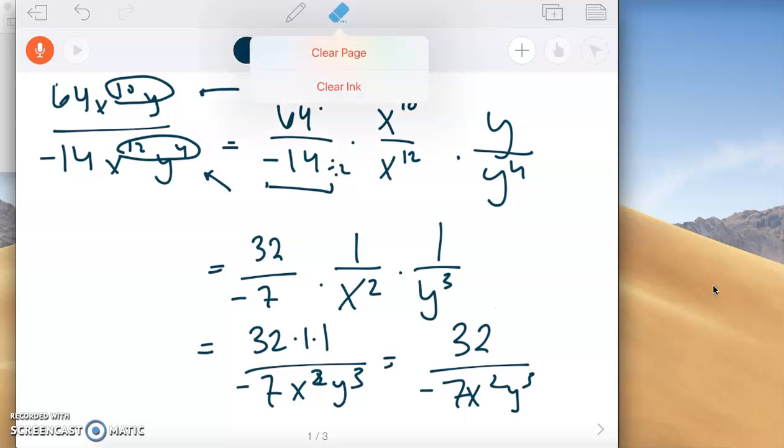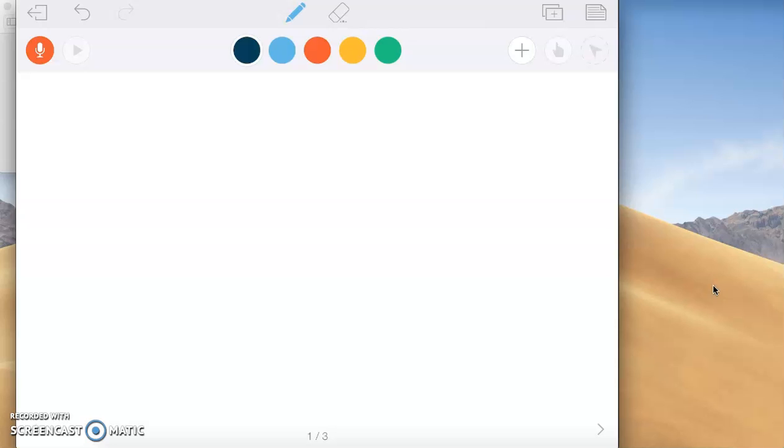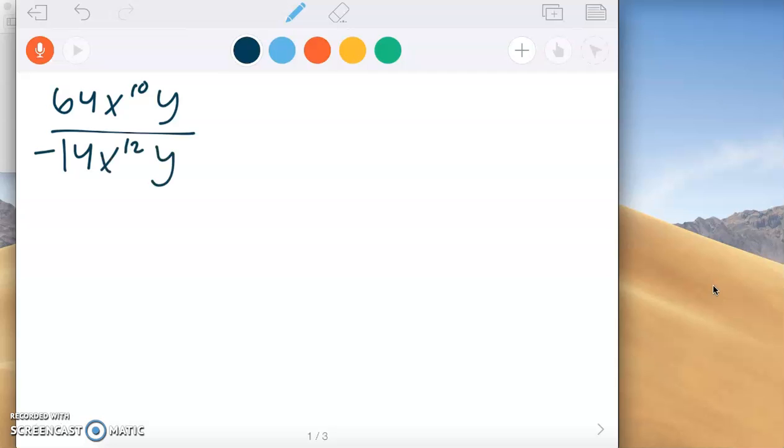Now, if we were just to look at it really quickly, let me show you what that would look like. We had, again, 64x to the 10th times y over negative 14 x to the 12th y to the 4th. Anyone who feels pretty comfortable, and everybody should get to this point, I look at this and I say, okay, 64 over 14.